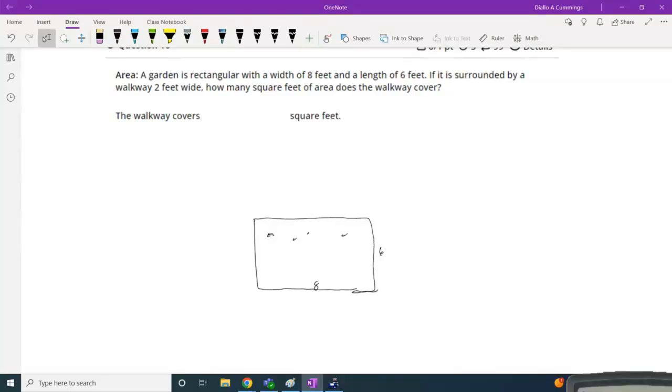Then it says it's surrounded by a walkway 2 feet wide. So around this garden is a walkway that extends 2 feet.